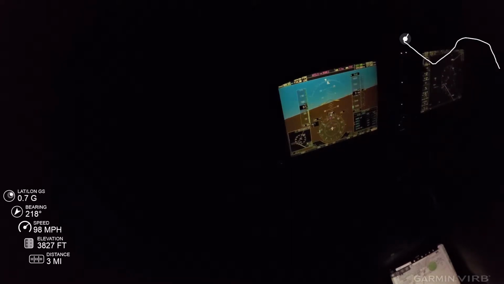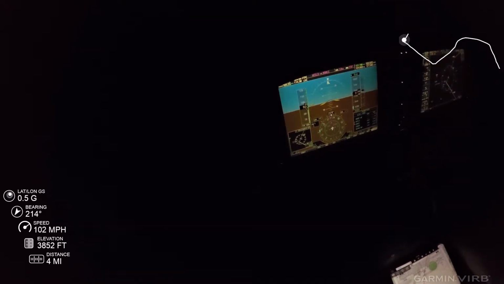1.8 to Bonsi. Back just a little bit to 22 for 90 knots. Alright, 48 seconds to Bonsi.